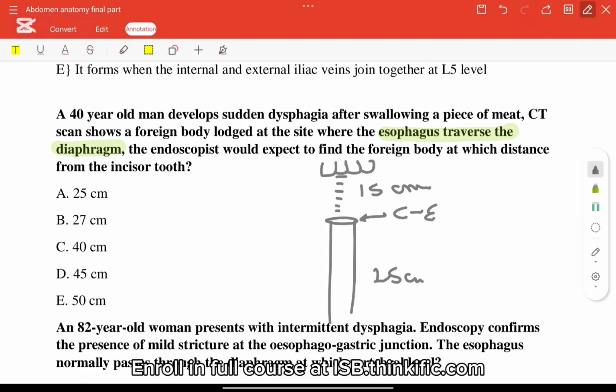So they call it aortic and bronchial constrictions. The aortic constriction is a little bit up, around 22 to 23, and the left bronchial constriction is a little bit down, like 26, 27, but generally we say it's 25. And at 40 cm, it passes through the diaphragm. So the answer here is 40 cm.